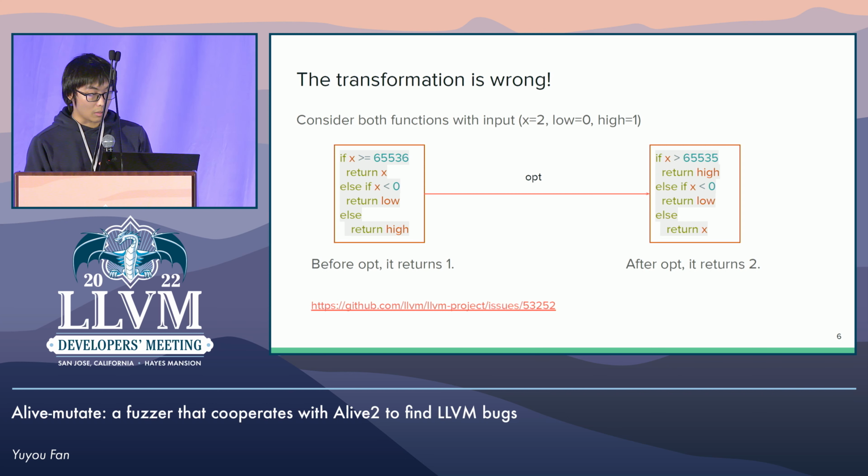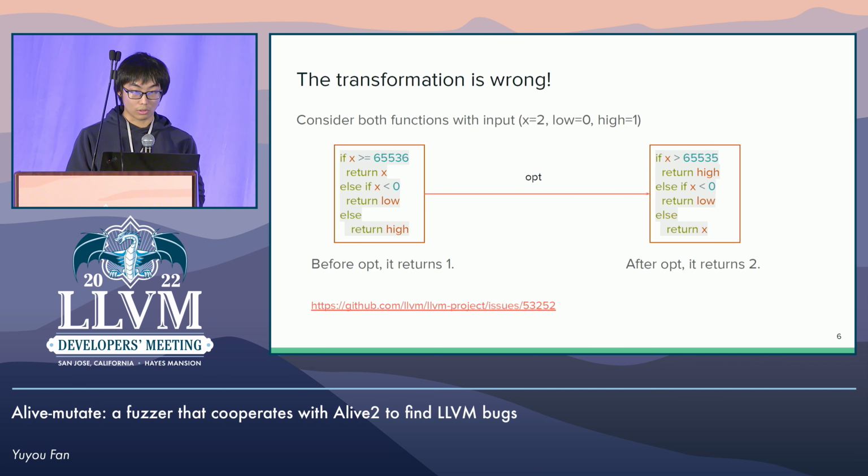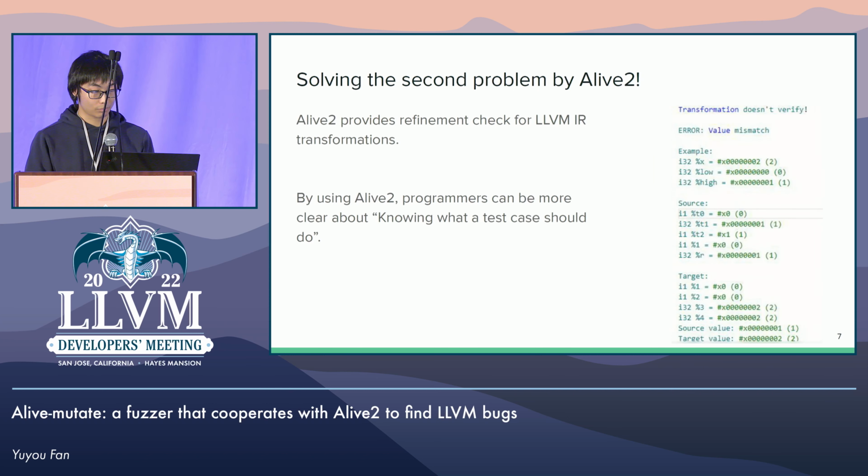From this example, we can see two things. The first is our developers wrote the right test cases, but not quite. The second is we need a test oracle to tell us the correctness of this mutated test case rather than human inspection. We can do better on the second thing.